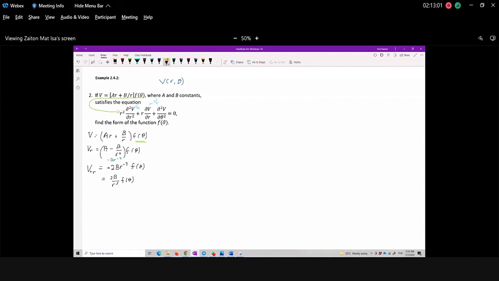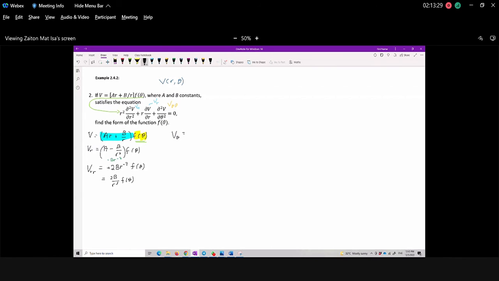Okay, next here we have V theta theta. In order to get V theta theta, we can't jump straight away to V theta theta. So we need to find the V theta first. This was our function. This one is just constant. Focus on the second one, which is just F theta.